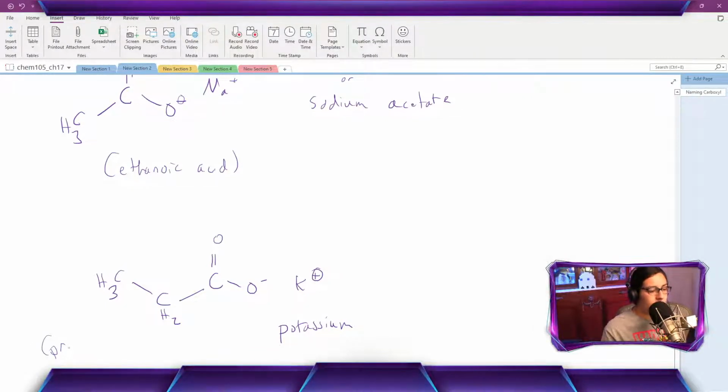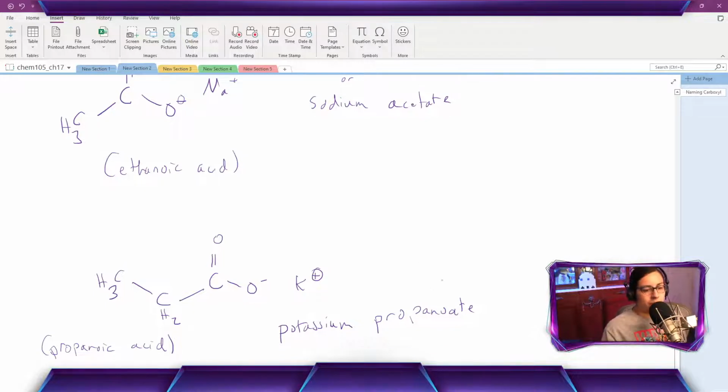And I can't spell, so propanoic acid. So for me, I might have to write the acid first, just so I can see it. And then drop the ending, so I know that I need that O in there. So propanoate would be our salt.